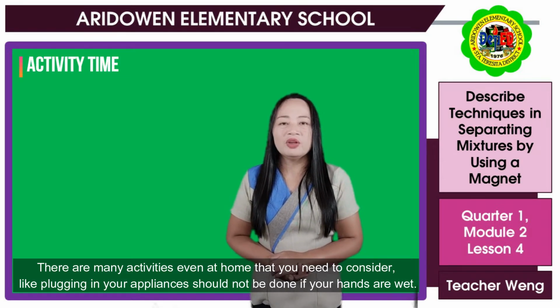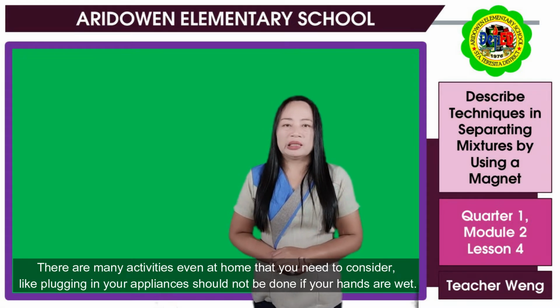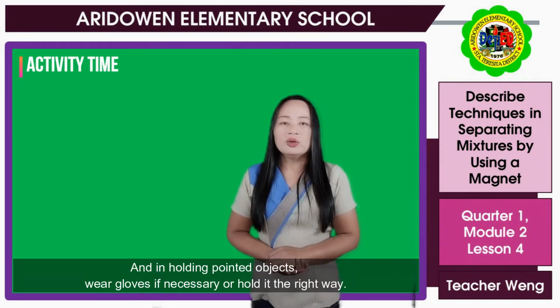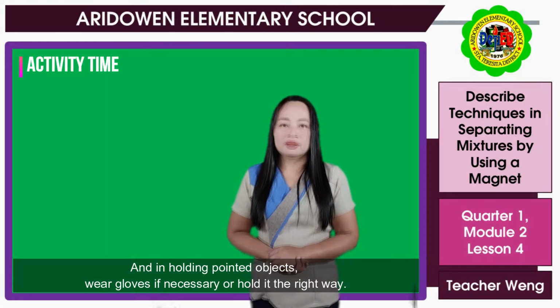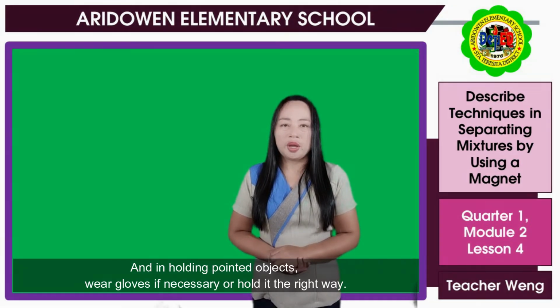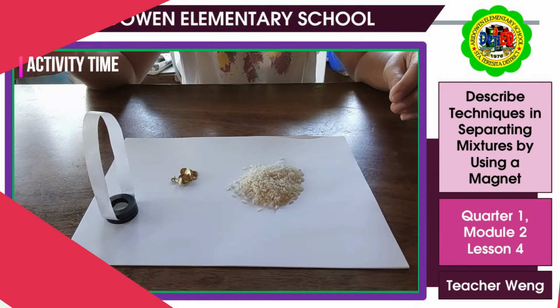Like plugging in your appliances must not be done if your hands are wet. Why? Because you might get electrocuted. And in holding pointed objects, wear gloves if necessary, or hold the object the right way. Always put in mind the words, better safe than sorry.